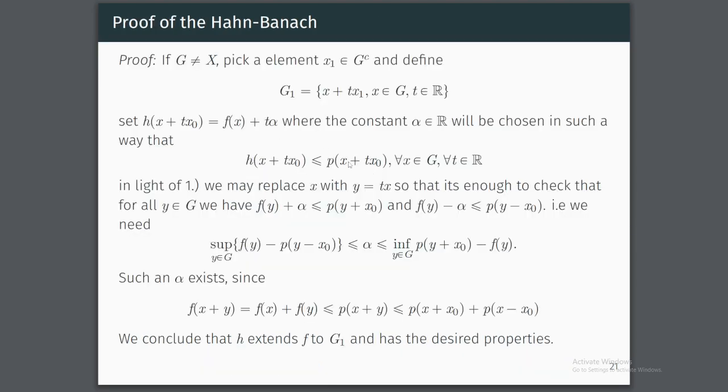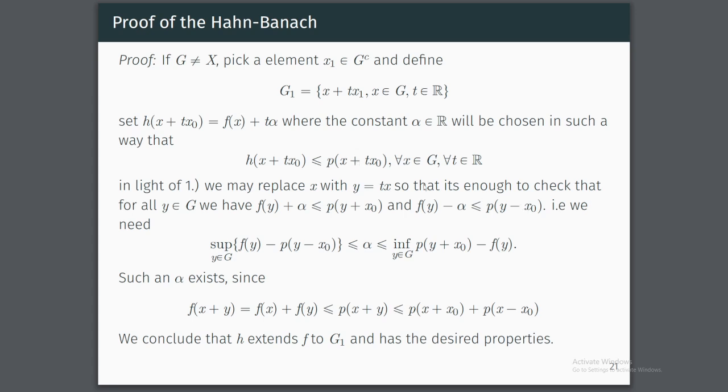We can divide by t and we can normalize x. So we can replace x with y equal x over t. Okay? And because of that, we can pretend that t is equal to 1 by removing it essentially. Okay? So what we need to check is that f of y plus alpha is less than p of y plus x0. Okay? And f of y minus alpha is less than p of y minus x0.